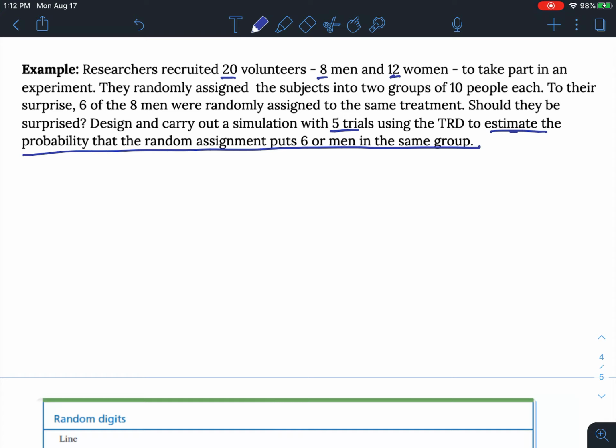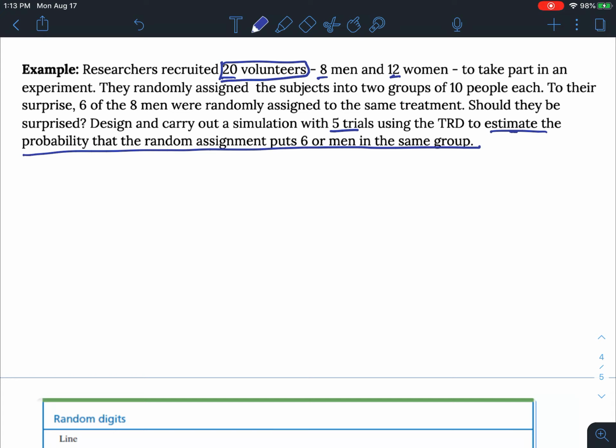The first part, and I told you this is sometimes the hardest part, is doing our assigning. We need to think about what our population is. In the flu example, it was the 6 people in the apartment. In this case, it's the 20 volunteers. So when I assign my digits, I have a total of 20. Notice that 20 is 2 digits. I'm going to give you lots of situations.